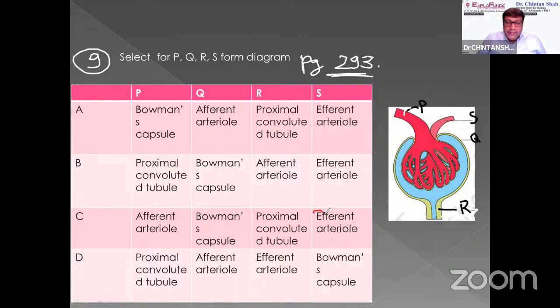E stands for exit, so efferent means which is taking outside. And afferent means what? A stands for under. So this is AA. Afferent arteriole and efferent. E stands for exit. Yes, just keep this in your mind. This will help you a lot.